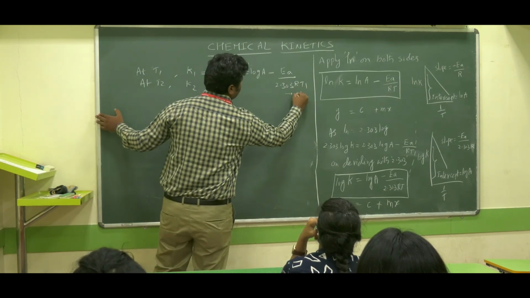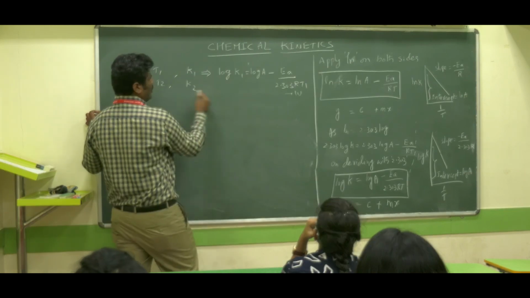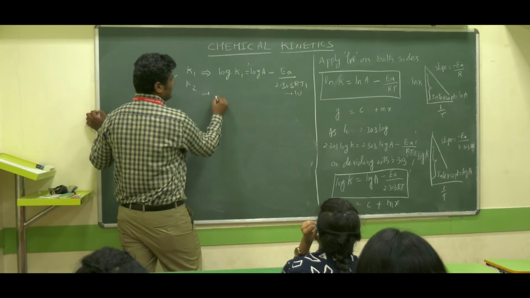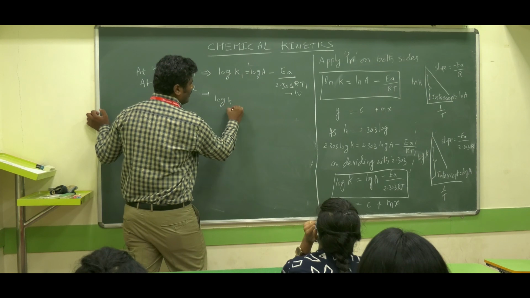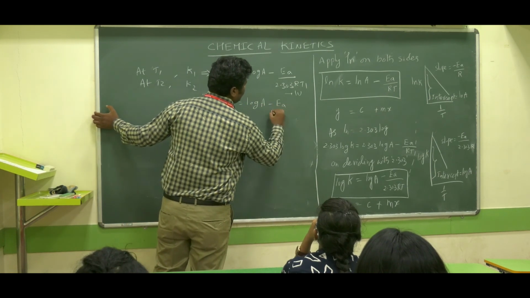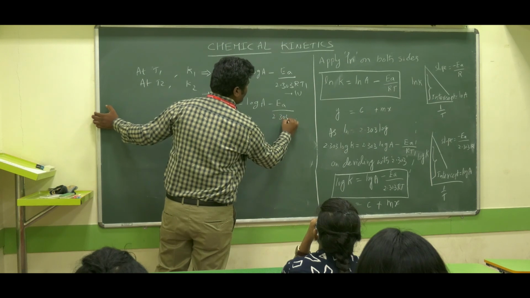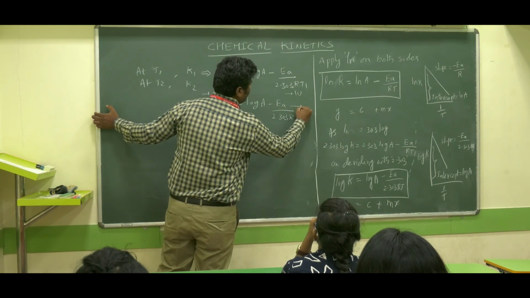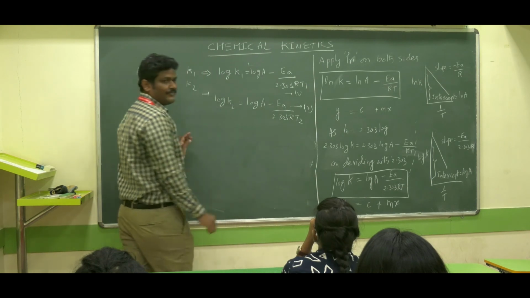This is the first equation. Now at T2 the rate constant is K2, so log K2 equals log A minus Ea by 2.303 RT2. This you can consider as equation 2.